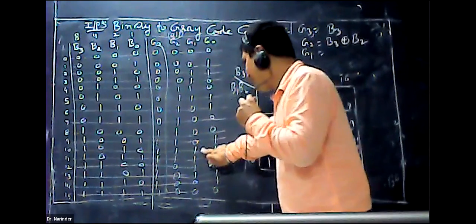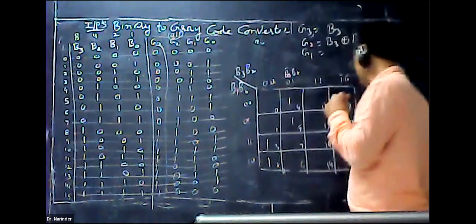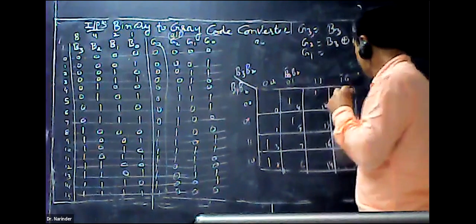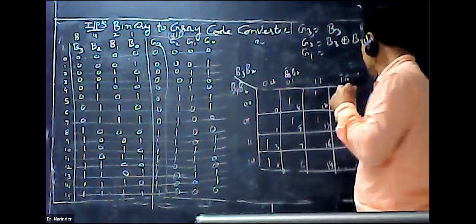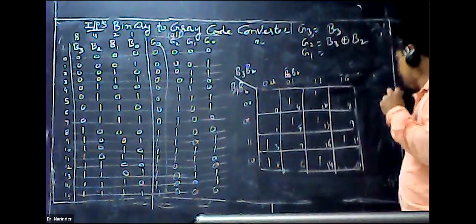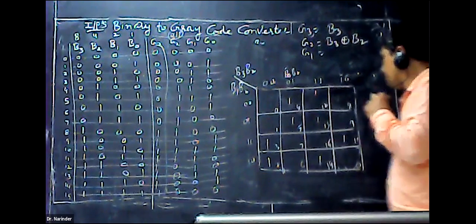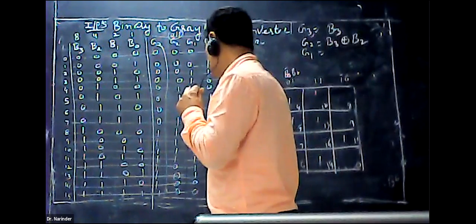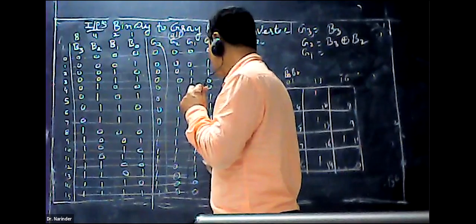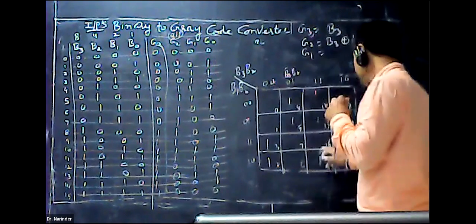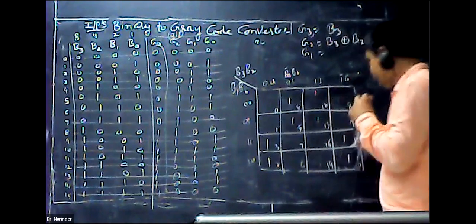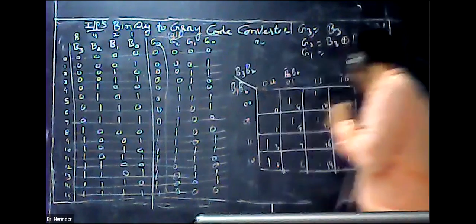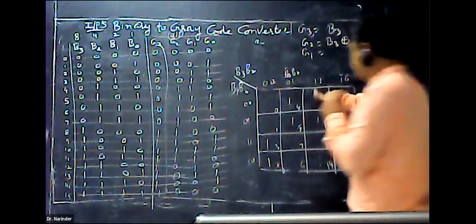Then 10, 11, 12, 13. There would not be 14. You can see this is 10, 11, 12, 13. The rest you have to insert zeros.